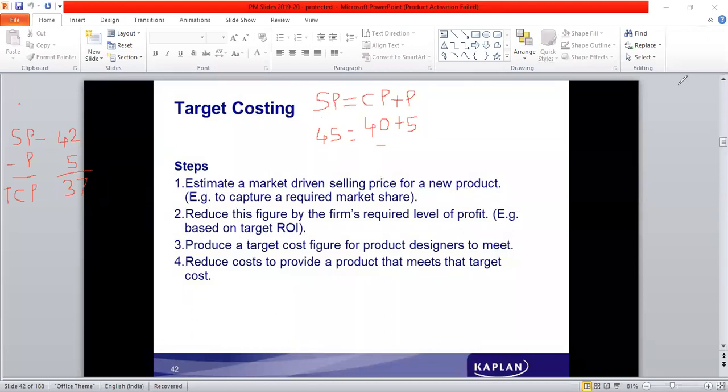Measures are taken to check those things, or every aspect has to be identified, verified, looked into as to how the cost can be cut down. So that effort has to be put in to ensure that the targeted cost price is what they achieve.